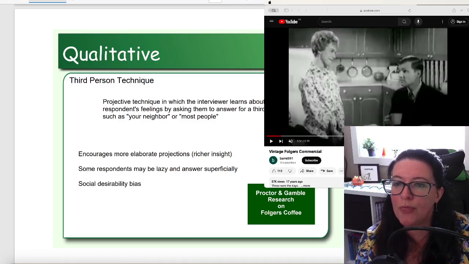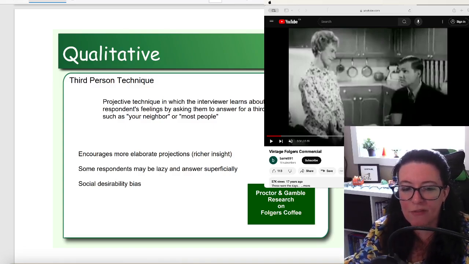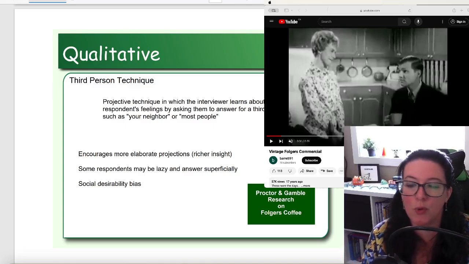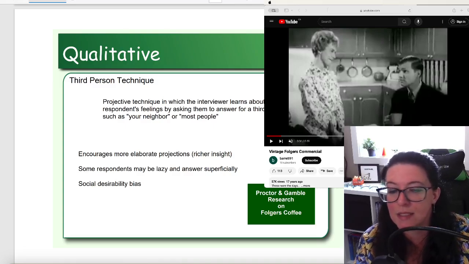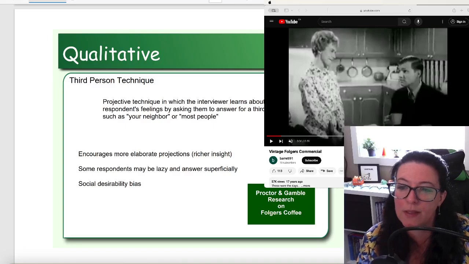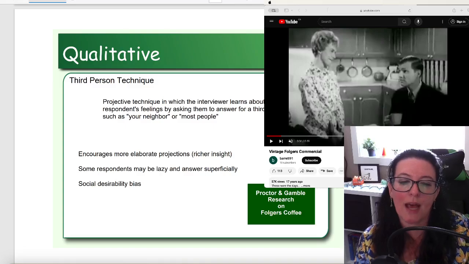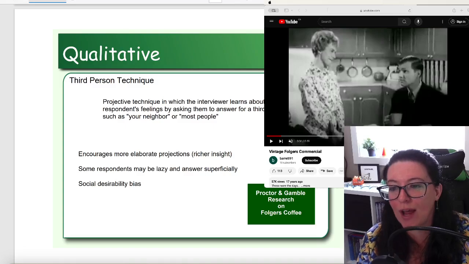So a third person technique, here's some research on how we perceive instant coffee. So 2 groups of about 50 housewives were randomly selected. They were each given a shopping list. And the difference between the shopping lists is that one had instant coffee and others had ground coffee. And they were asked to describe the housewife.